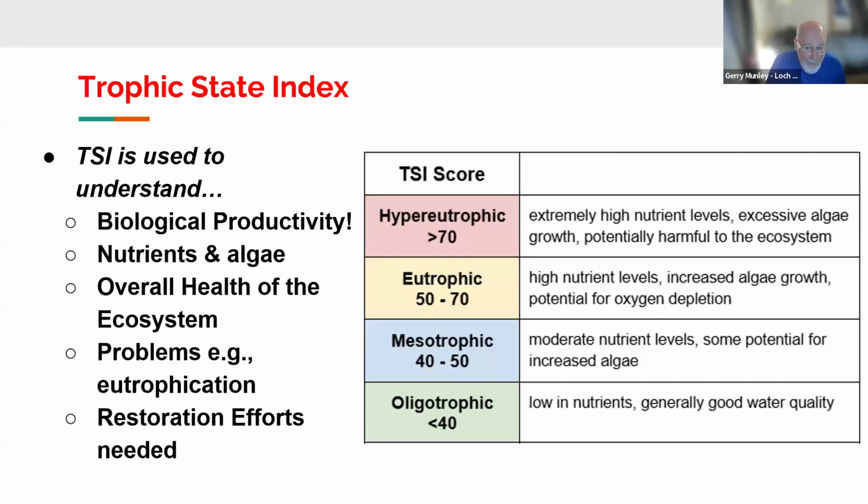But that might mean that there's very little biological productivity. So maybe that's not actually the preference. And we're trying to get a sense of the biological productivity of the lake. And this isn't necessarily saying that one is necessarily better than the other. Next, please.